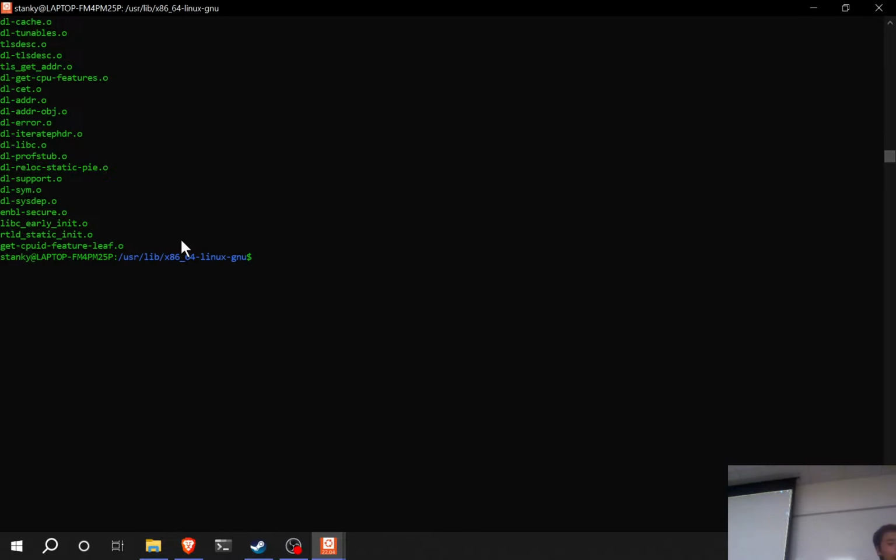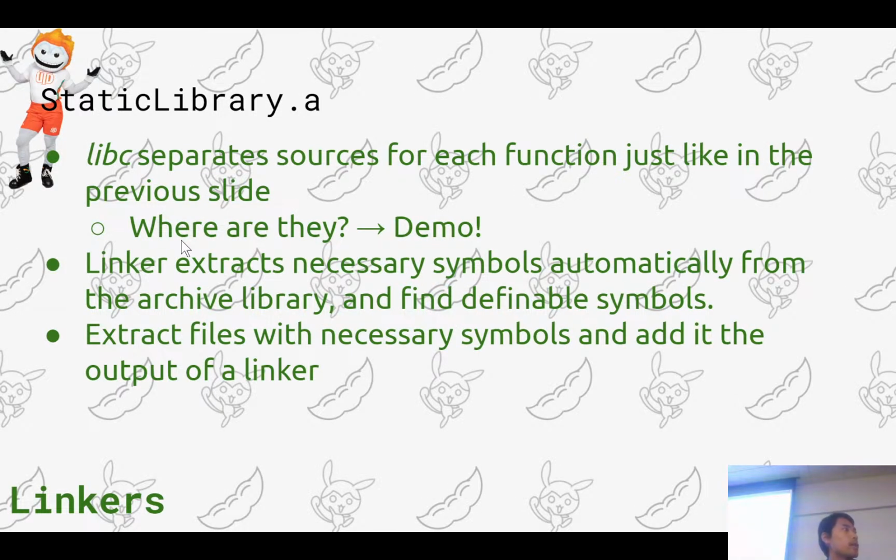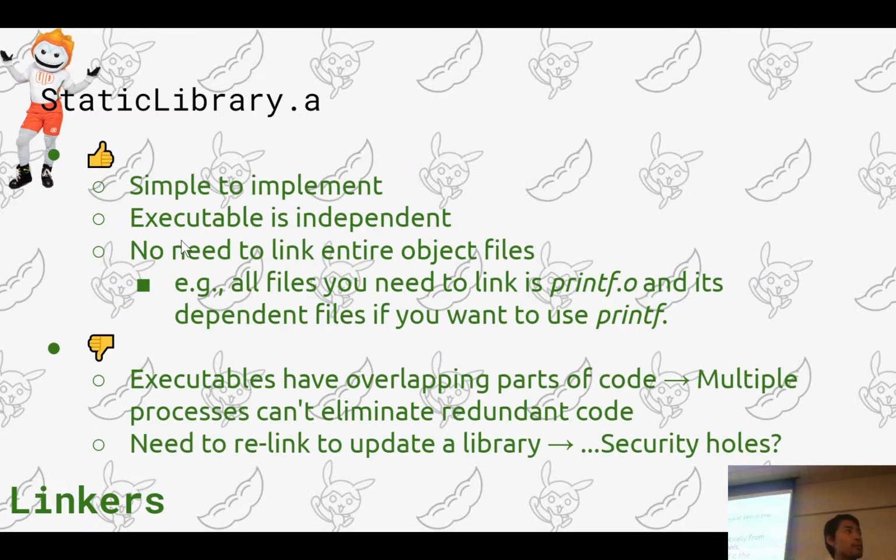The linker extracts necessary symbols automatically from this archive library, finds definable symbols like printf, extracts these files with necessary symbols, and adds them to the output of the linker. The feature is really simple: just extract compressed files.